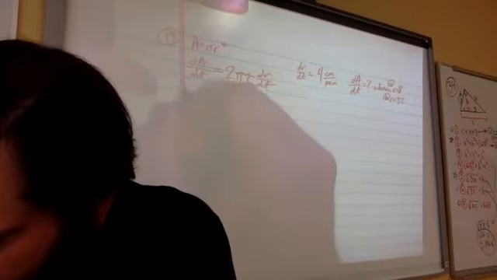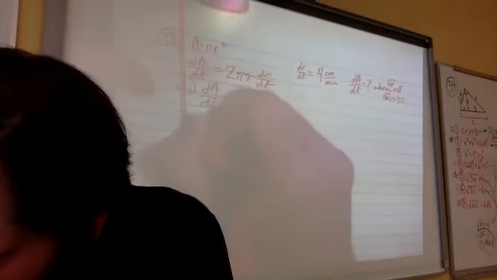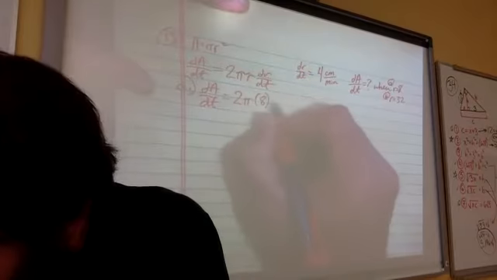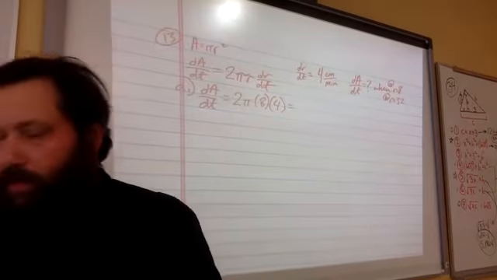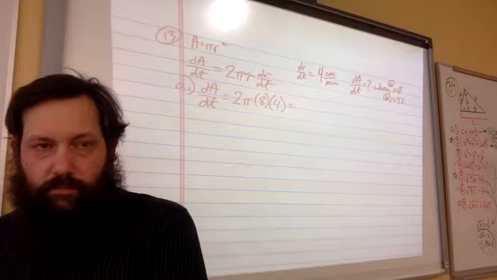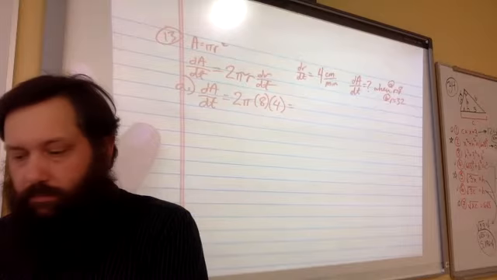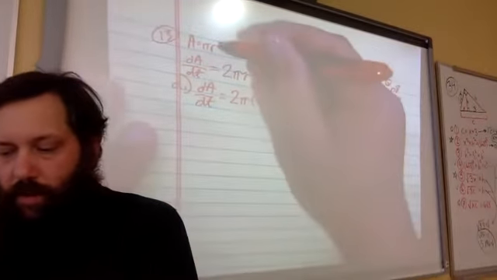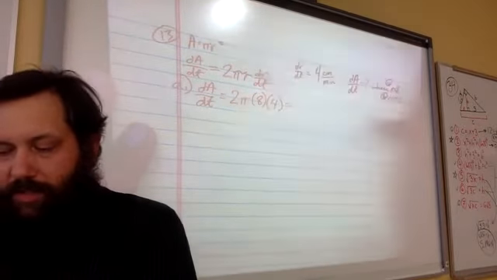So now for A, dA/dt is something when we have 2 pi, and r is 8 and dr/dt is 4. So what is dA/dt? Can you put in the 8 for the radius now? Should you have done that at the beginning, or would that mess everything up? Then we would have had A equals 64 pi, which is actually the answer.